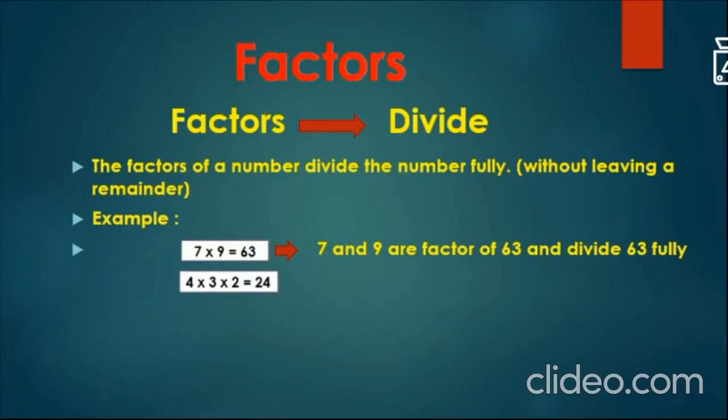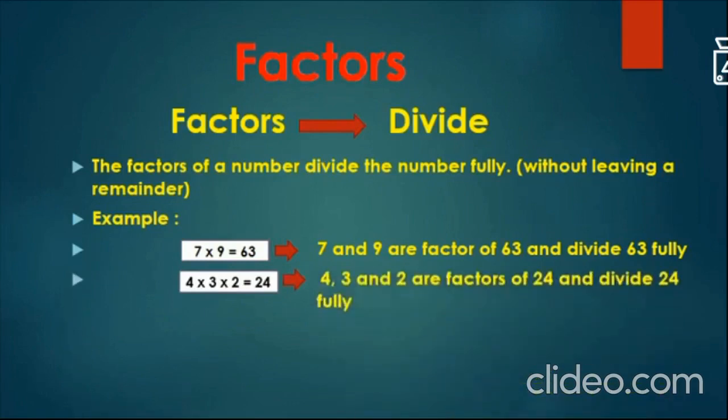examples. 4 multiplied by 3 multiplied by 2 is equal to 24. That means when we divide 24 by 4, we get 0 remainder and 6 quotient. 24 divided by 3, we get quotient 8 and 0 remainder. When we divide 24 by 2, we get quotient 12 and remainder 0.